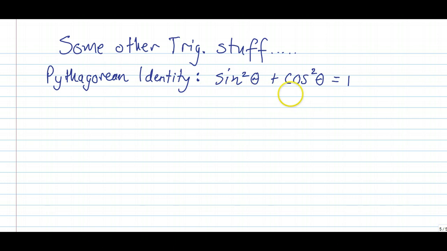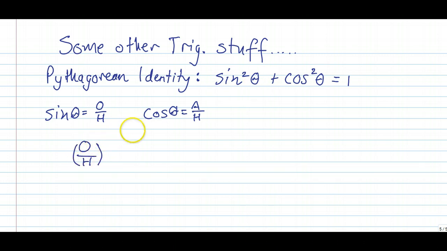The way we can prove that this is true is by remembering that sine theta equals the opposite over the hypotenuse, and that cos theta equals the adjacent over the hypotenuse. Okay, and if we substitute those two relationships into this equation, here's what we get.